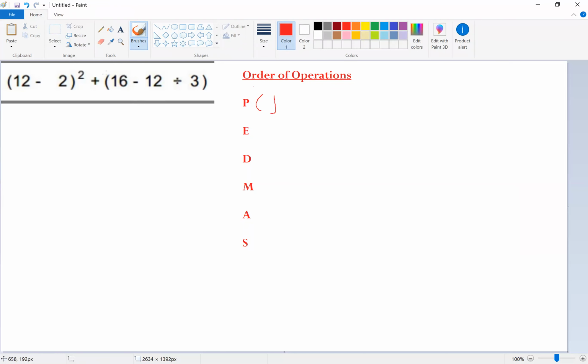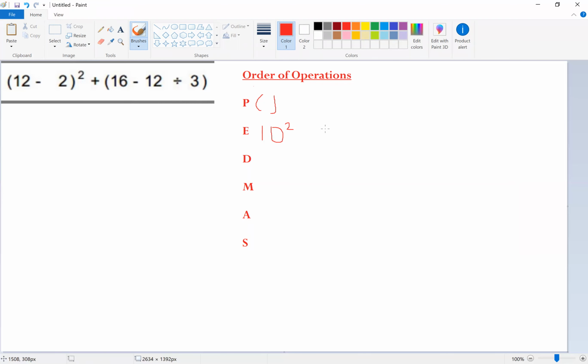E is for exponent, and that's this little number right here, the small 2. So if we have a number like 10, and then we have it to a small 2, this means to the power of 2. And that means you multiply whatever number it is 2 times. So we're not going to do 10 times 2.